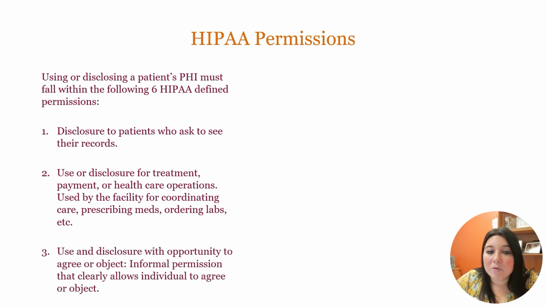Number 3 is use and disclosure with opportunity to agree or object, like informal permission that clearly allows individuals to agree or object to the release of their information. Number 4 is incidental uses and disclosures of PHI.